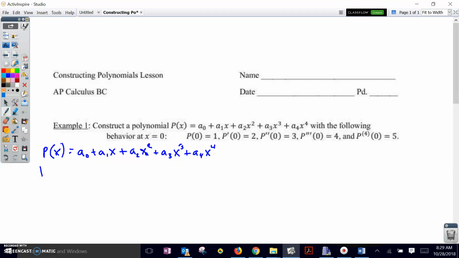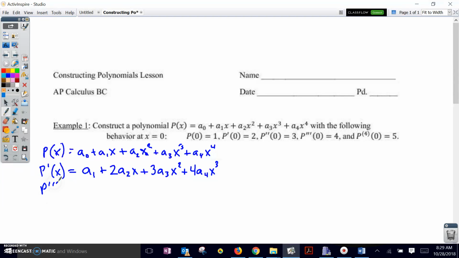The first derivative, since a sub 0 is a constant, that's just going to go away. And then the derivative is going to be a sub 1 plus 2a sub 2x plus 3a sub 3x squared plus 4a sub 4 x to the third.